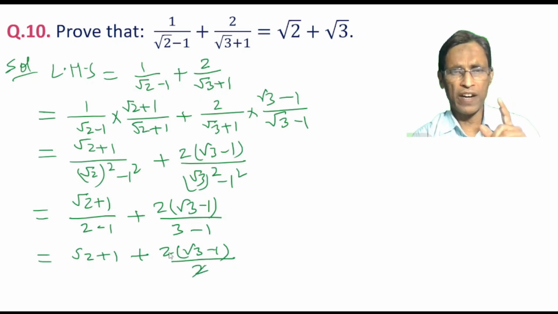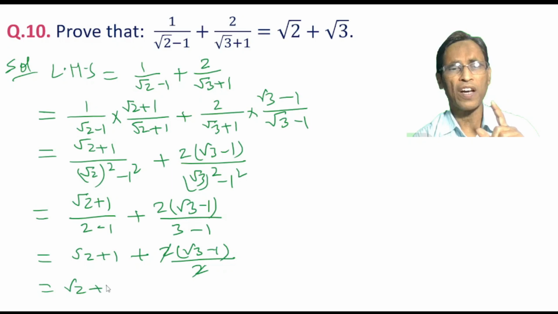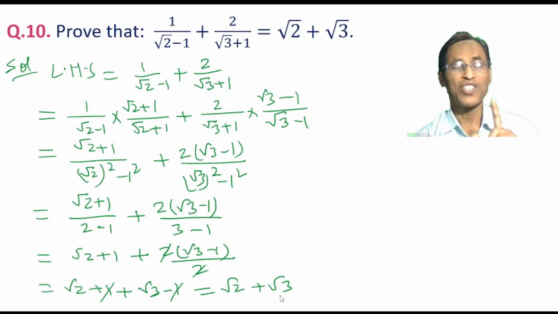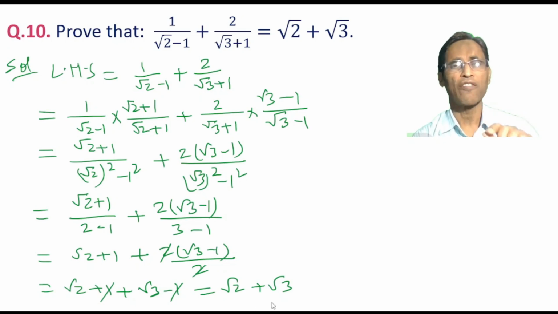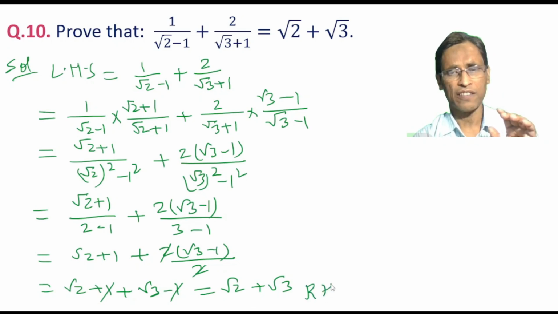Clearly 2 divides 2 and so now we have root 2 plus 1 plus, after cancellation this term comes root 3 minus 1. Clearly plus 1 and minus 1 are cancelled. So now we have root 2 plus root 3 and this is the RHS part which was to be proved. So we have got the required result RHS.